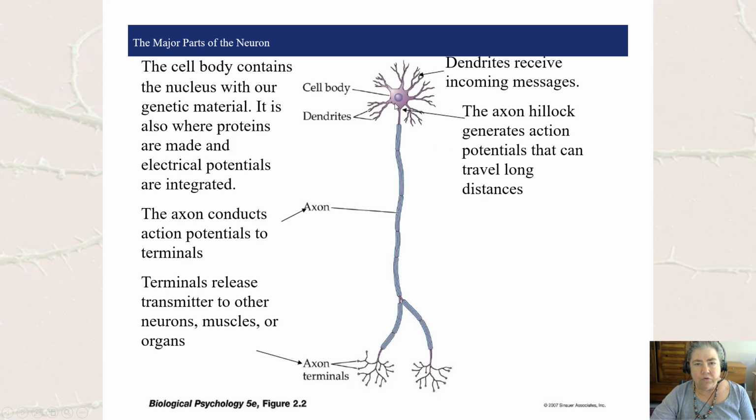There is a structure in the cell body called the axon hillock, which is the beginning of the extension from which the axon extends. Just as the dendrites tend to be heavily branched, the terminal axon branches.